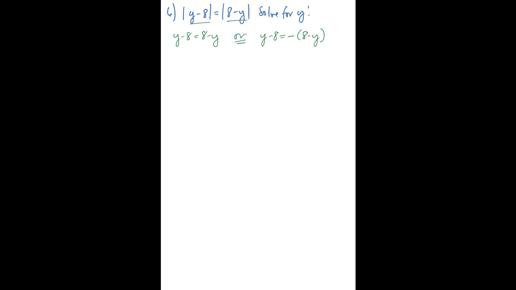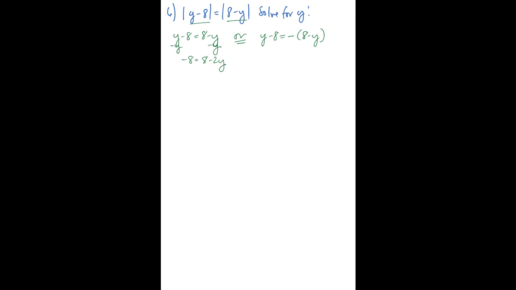Now we go about solving each problem here. So y minus 8 equals 8 minus y. I'm just going to subtract y from both sides. Y minus y equals 0. So we get negative 8 equals 8 minus 2y.